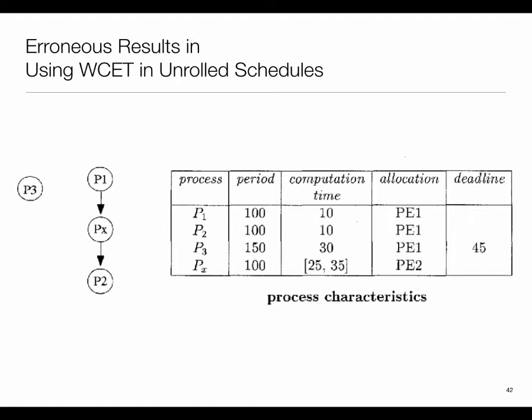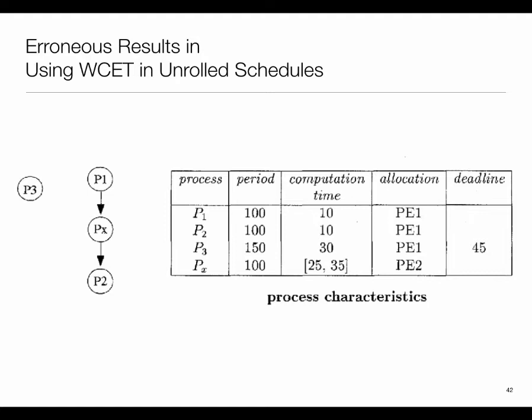The processes P1, P2, P3, Px have periods. All of the tasks in a cluster have the same period because they're part of the same cluster. So P1, P2, and Px have a period of 100. P3 has a period of 150. Computation times: P1 is 10, P2 is 10, P3 is 30, and Px could be in the range 25 to 35.